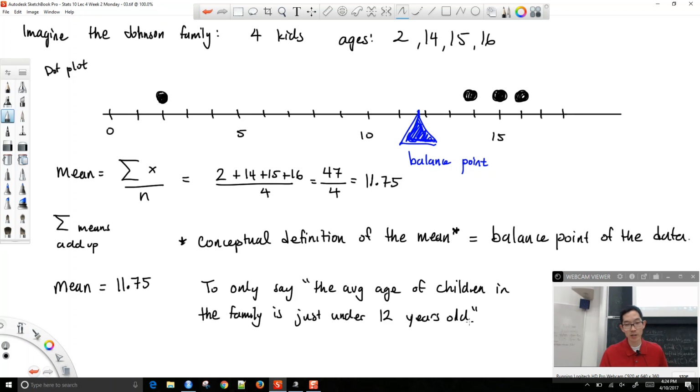However, it doesn't seem to capture the whole picture. To only say this does not really tell the whole story.